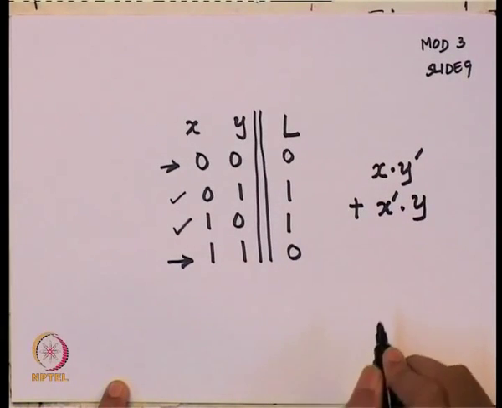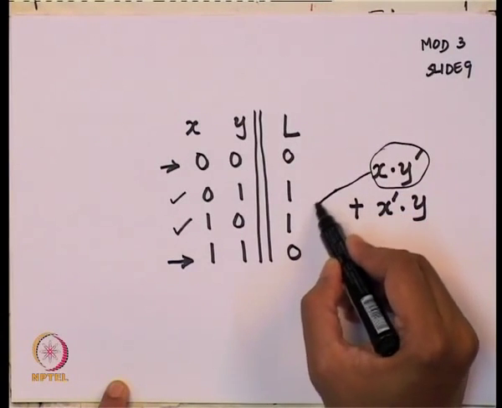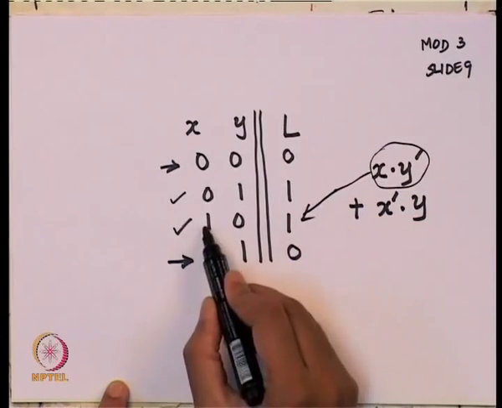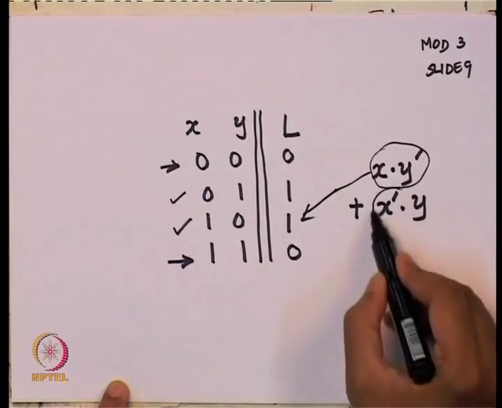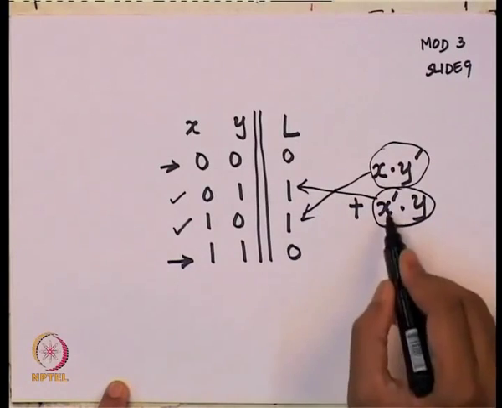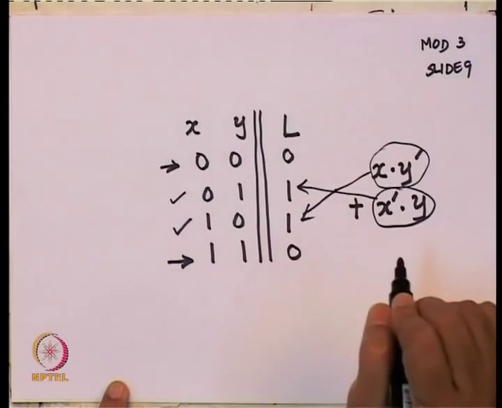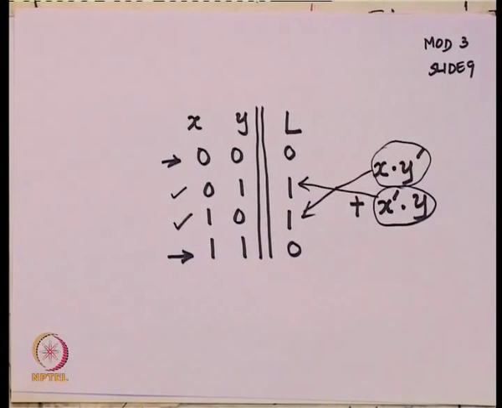So this term comes from this row here, X is on and Y is off, and this term comes from this row here, X is off and Y is on.